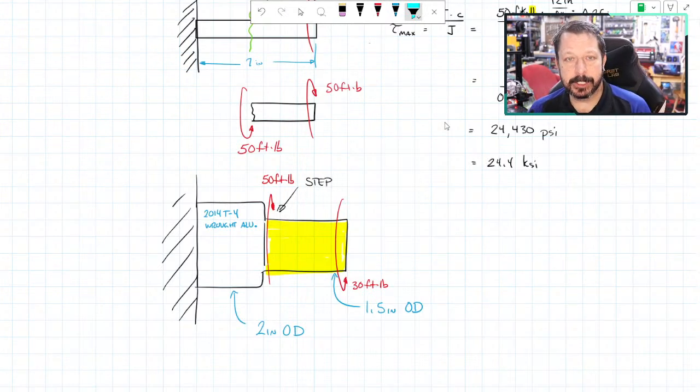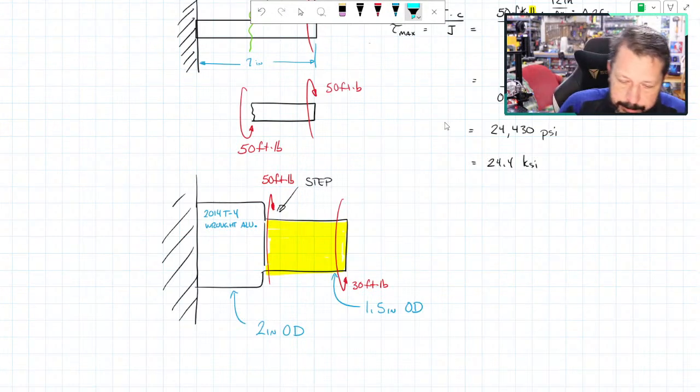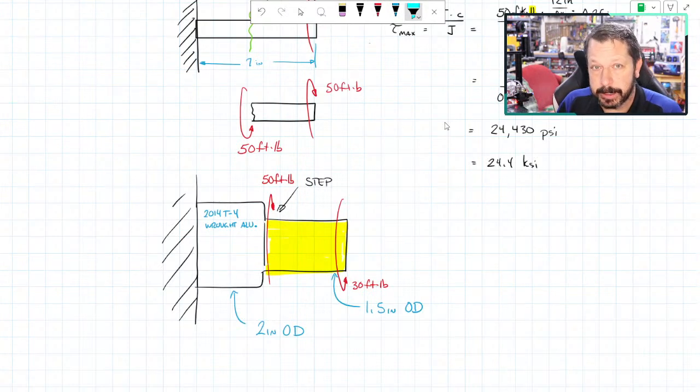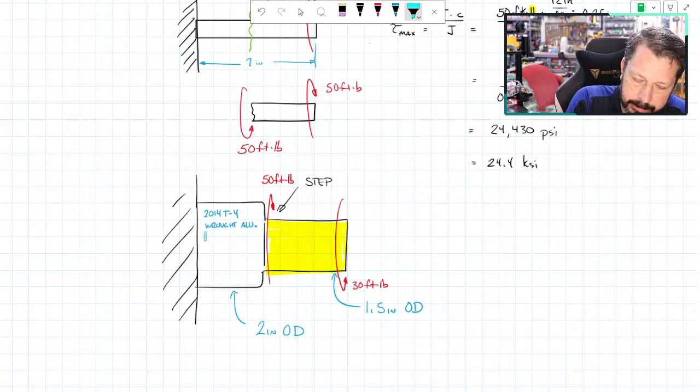Anytime the diameter changes, or the torque changes, or the material changes, that'll be a new section. Actually, the material doesn't matter for the stress calculation. It matters as far as the performance, but the calculation of the stress doesn't change. Angle of twist it will. And then this will be our other section.